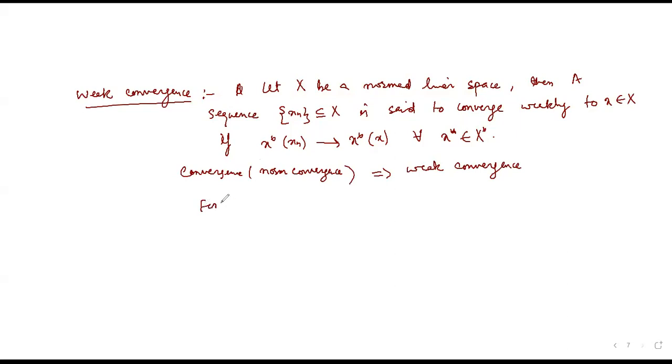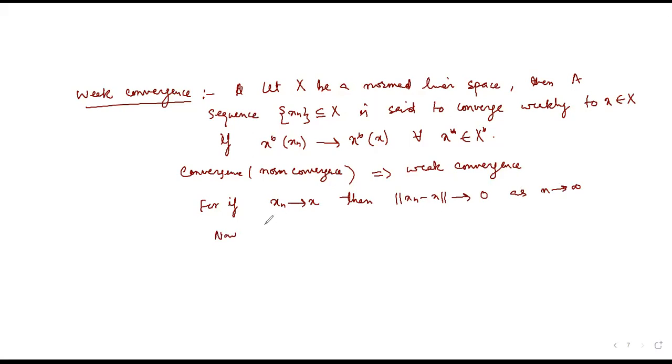For if Xn converges to X under usual thing, then it means that norm Xn minus X converges to 0. ये हुआ norm usual convergence in a normed linear space.